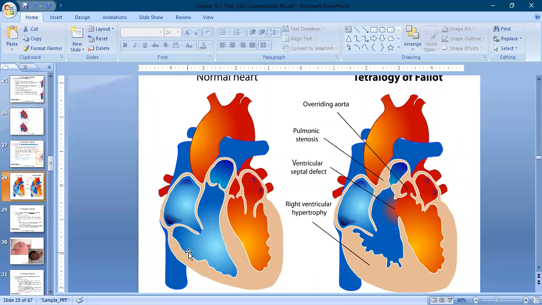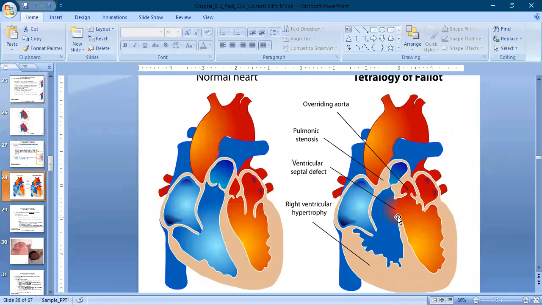If this wall is too thick, the room inside should be small. If it is very small, the room is not enough to hold the blood from the right atria. So the problem is too much hypertrophy, called right ventricular hypertrophy, one of the problems.